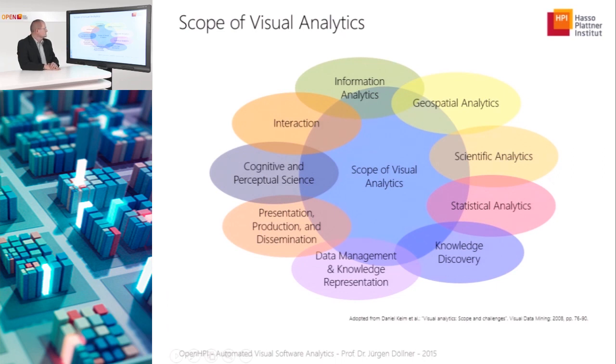It also includes disciplines from the visual sciences such as interactive systems, cognitive and perceptual sciences, or information analytics. If data has geospatial references, the field of geospatial analytics plays a role as well. So what we can see is that visual analytics goes far beyond data mining or data-oriented analytics. It includes visual technologies, visual sciences as well.